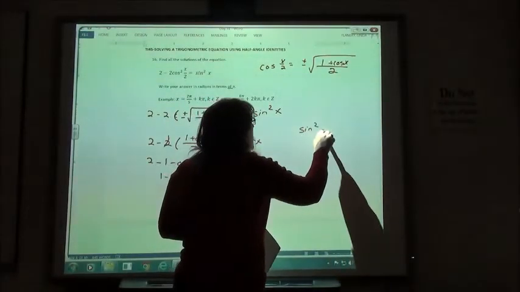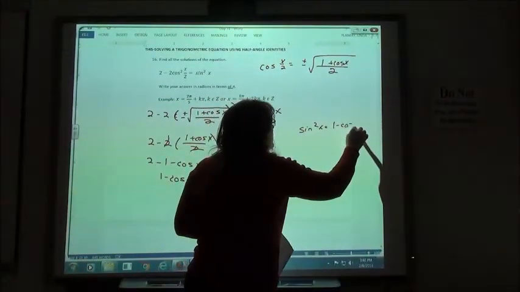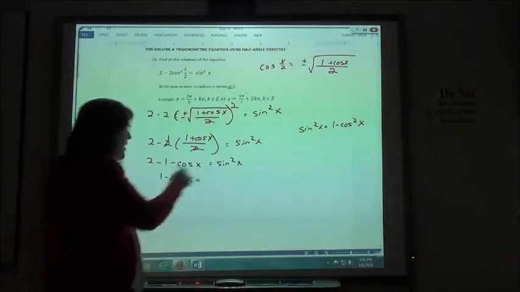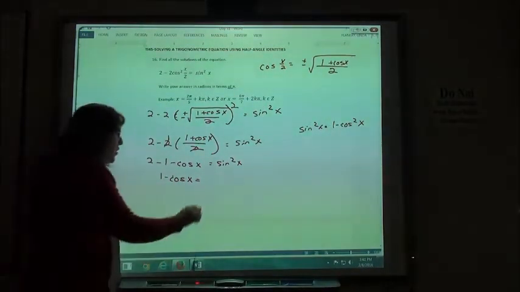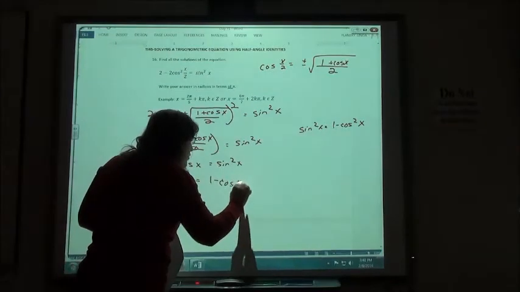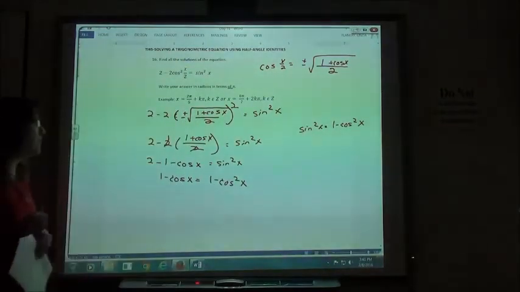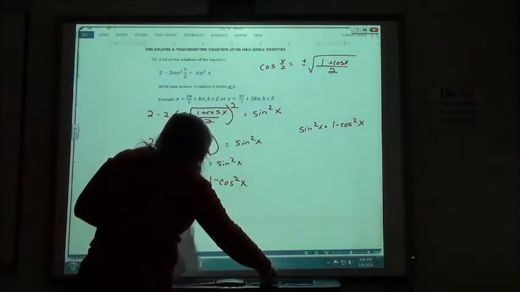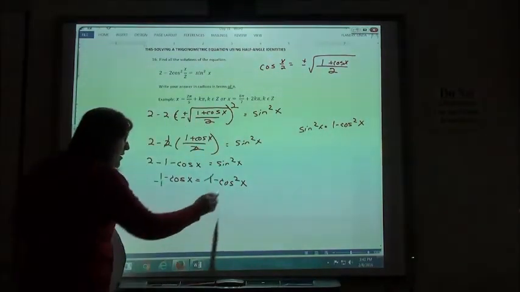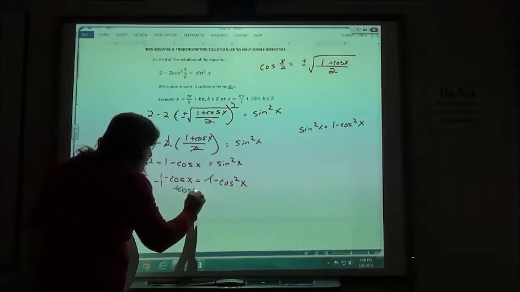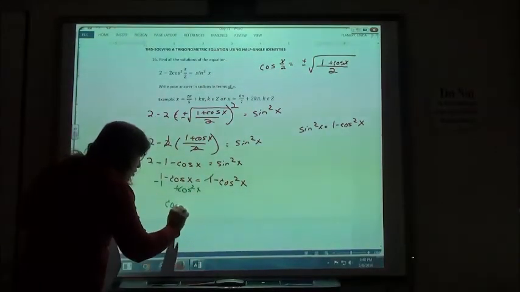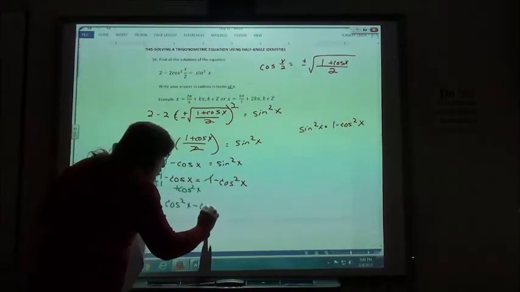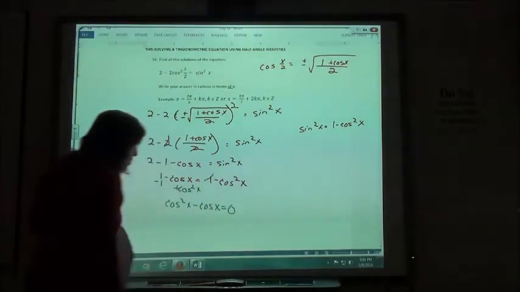The sine squared of x equals 1 minus the cosine squared of x, so that I have the same units. So I can substitute 1 minus cosine squared of x in for sine squared of x. I am going to minus my 1, add my cosine squared of x. So I'm going to have cosine squared of x minus cosine of x equals 0.